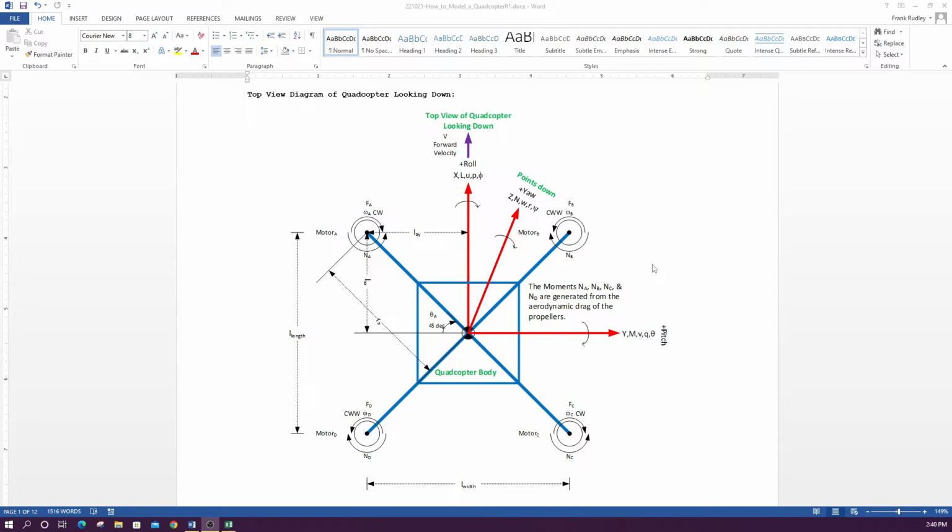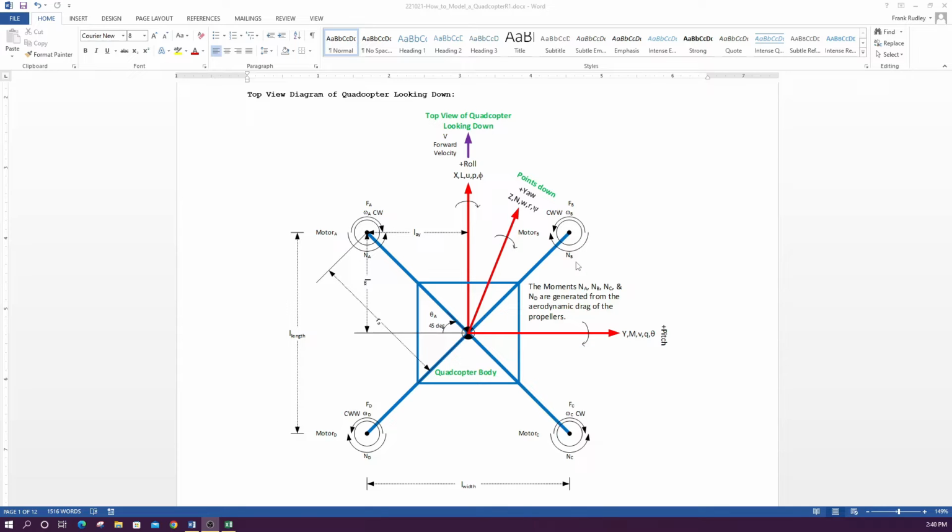But for yaw, what it is, is that there's a drag on these propellers. So the aerodynamic drag. We call these NA, NB, ND, and NC. If we want to yaw the aircraft, what we'll do is increase the speed on these two motors, FA and FC, and decrease the speed on these motors, FD and FB.